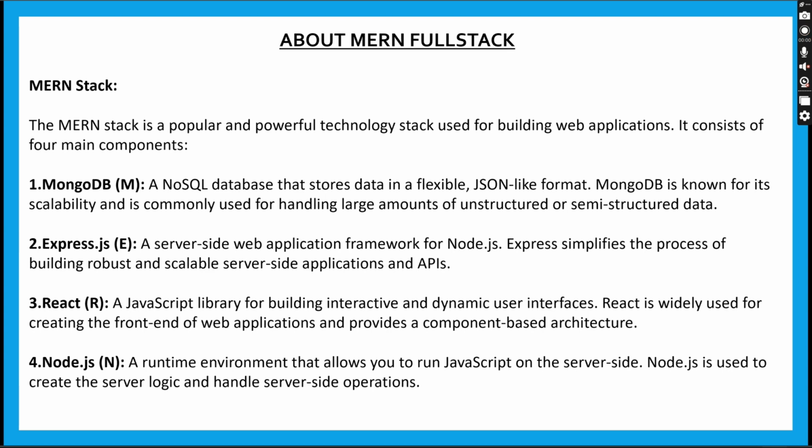It consists of four main components: MongoDB, Express.js, React, and Node.js. MongoDB is a NoSQL database that stores data in a flexible JSON-like format. MongoDB is known for its scalability and is commonly used for handling large amounts of unstructured or semi-structured data.